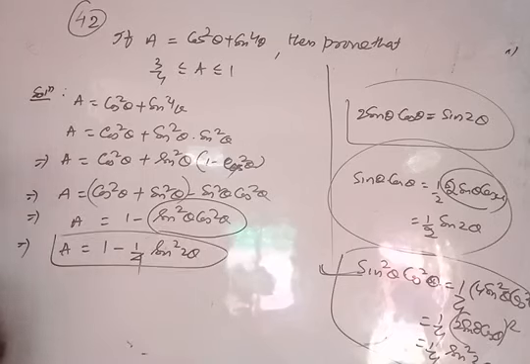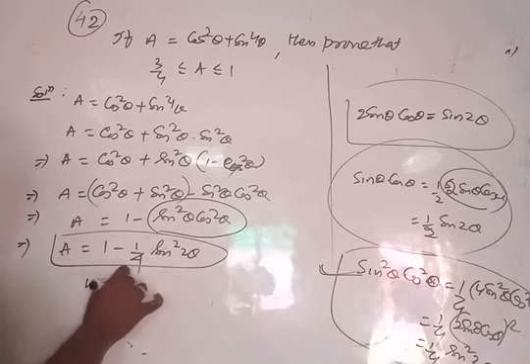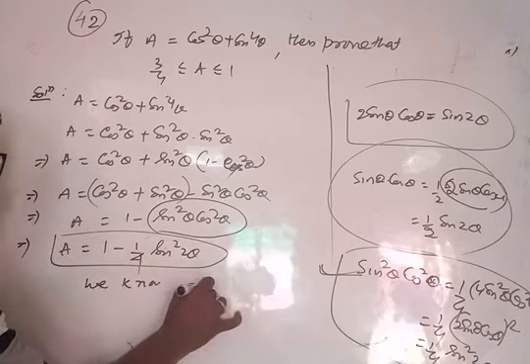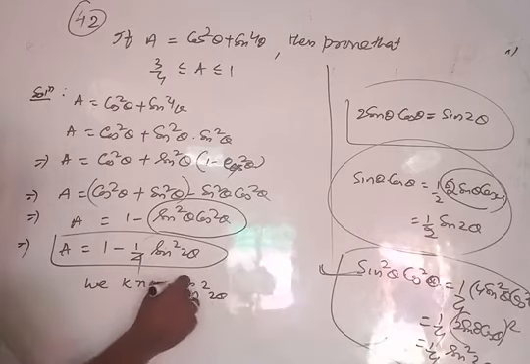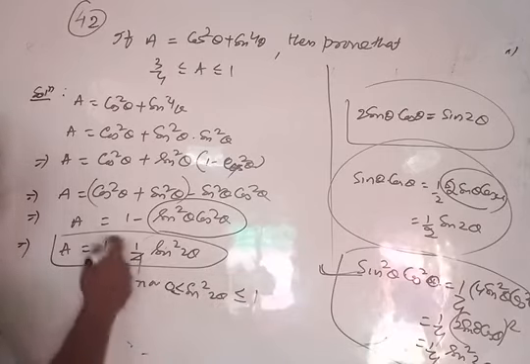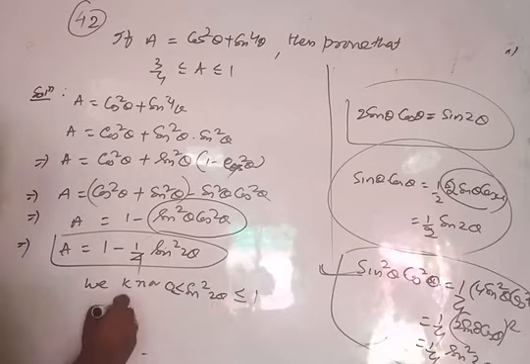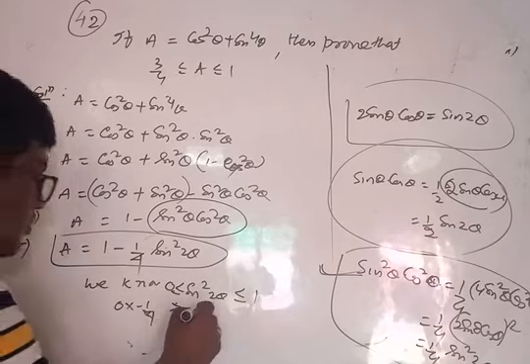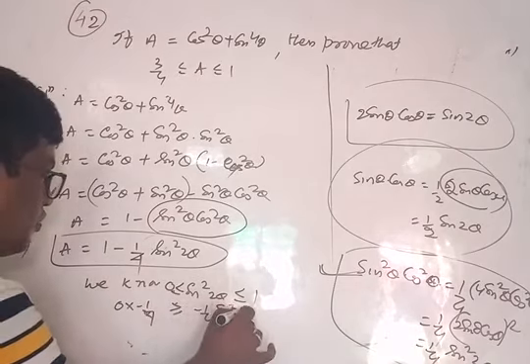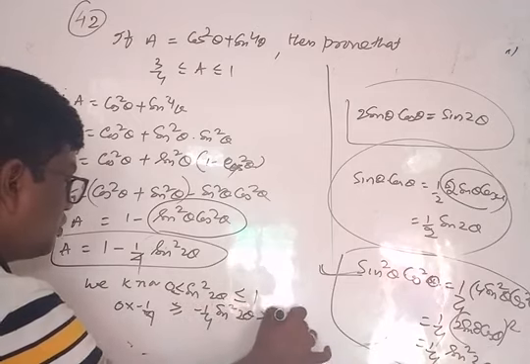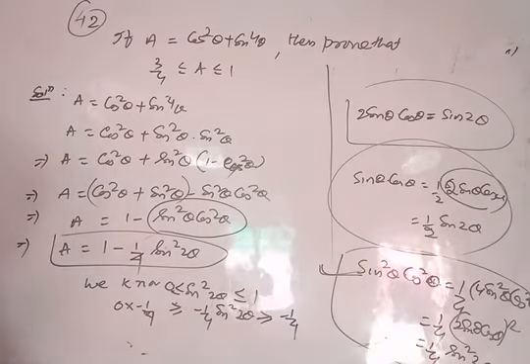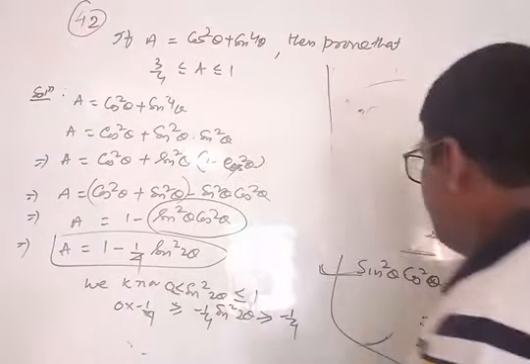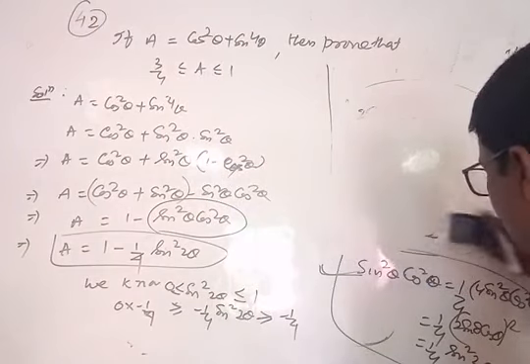This is A. We know sin square 2 theta lies between 0 to 1, multiplied by minus 1/4. So 0 greater than or equal to minus 1/4 sin square 2 theta greater than or equal to minus 1/4. Clear?